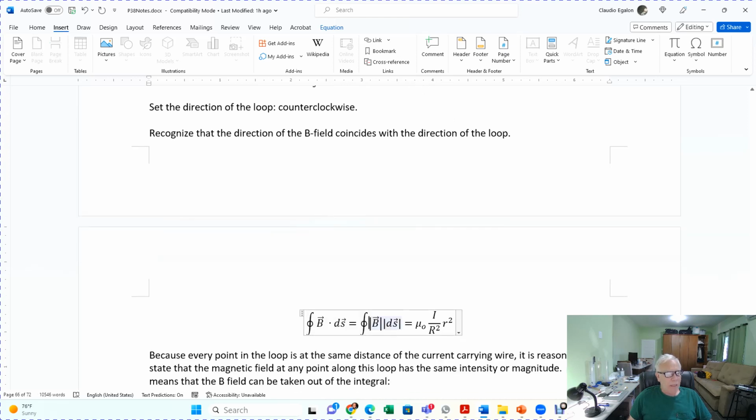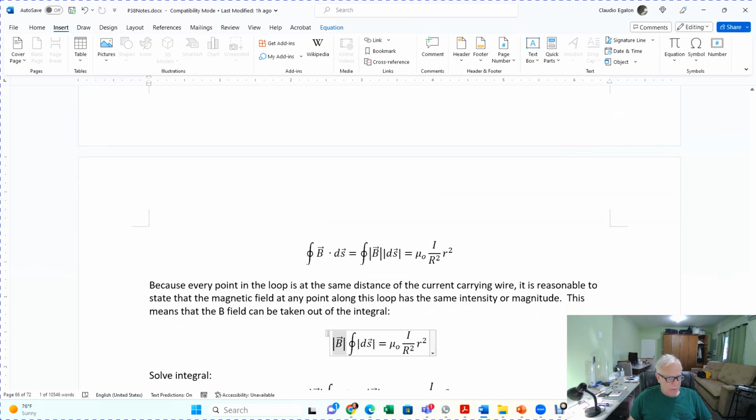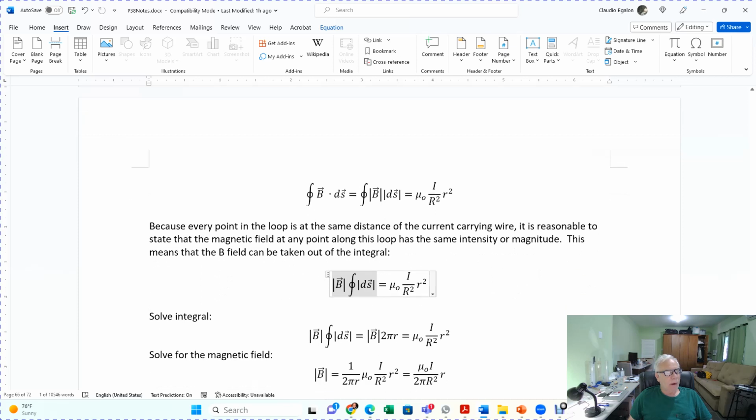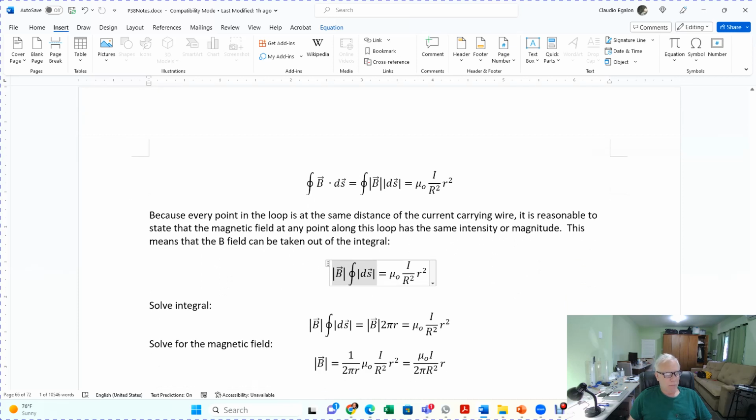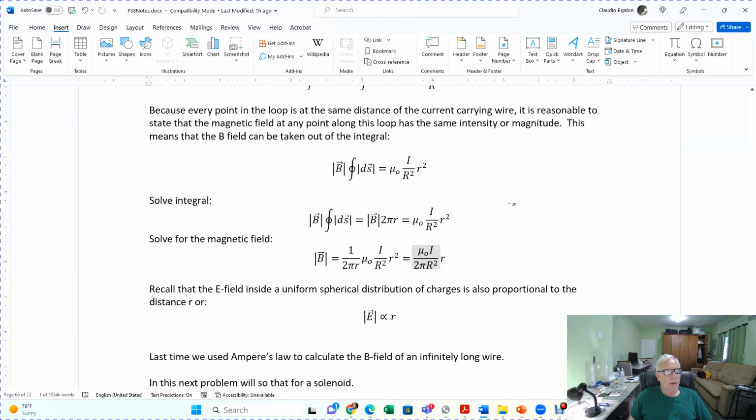Because the magnitude of B is the same everywhere along that specific loop, we can take this B out of the integral, and that's what you have right here. And this path, again, is going to be 2 pi r, just like we had before. Solve for B, and we get this relationship here for the magnetic field.